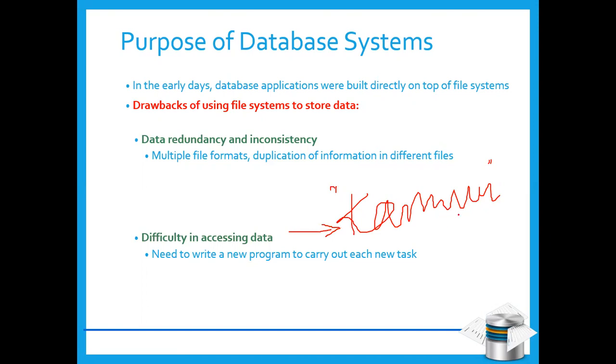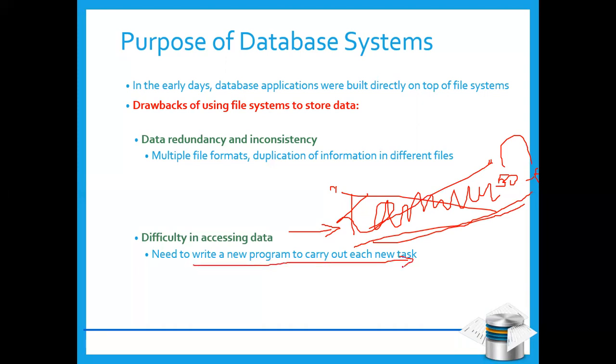One fine day, he wants to find out which students passed out from Kannur University with a mark between 50 and 60. With the old program, he will not be able to do anything. He has to write a completely new program to find the Kannur University students who got a mark between 50 and 60. So for each job you want to do, you should make a completely different program.